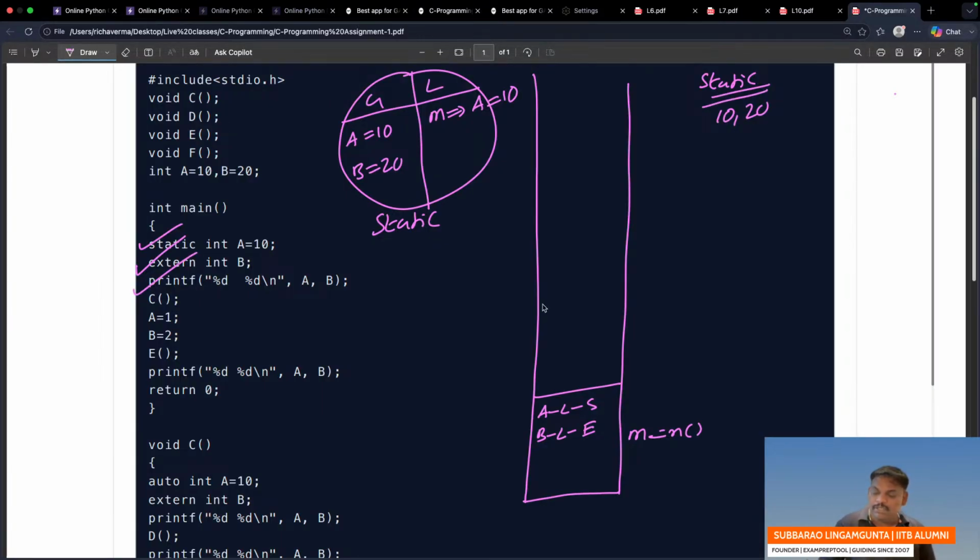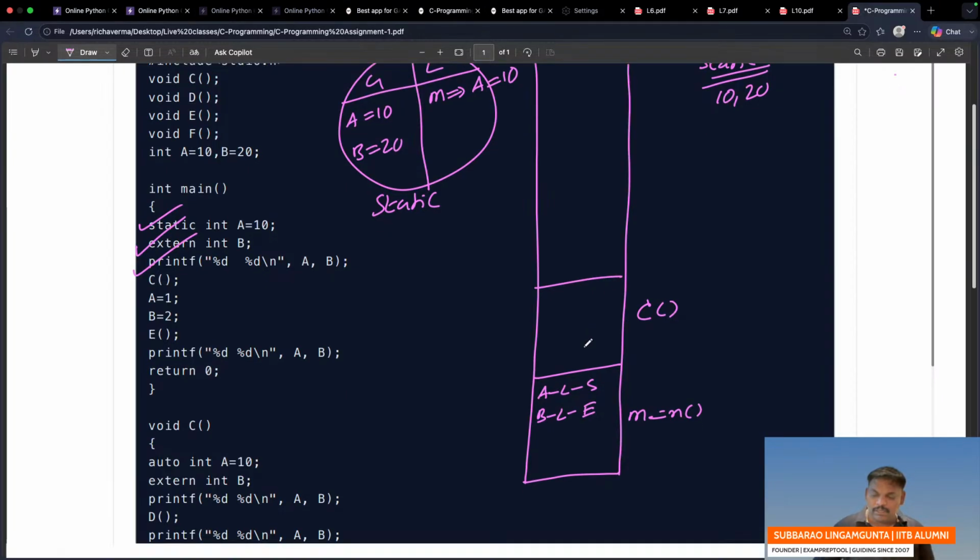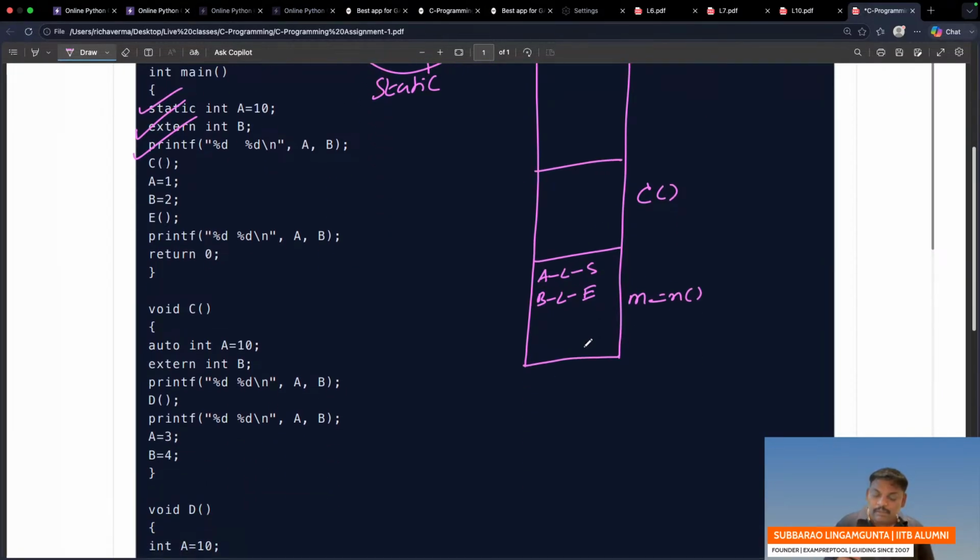Now the C function is called. In the C function, careful, auto int A is equal to 10. Auto or not, it is local only. So A is a local variable, value 10.